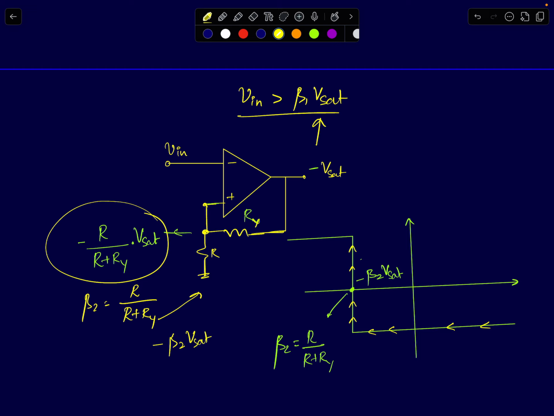So now if you see here, right, this node voltage is negative, which is minus beta 2 times Vsat, and the input voltage is positive. It has already exceeded beta 1 Vsat. Now I'm increasing it further. If I increase it any further, the output will comfortably stay at minus Vsat because the non-inverting terminal is at negative voltage and inverting terminal is at a positive voltage. So output will be at minus Vsat.